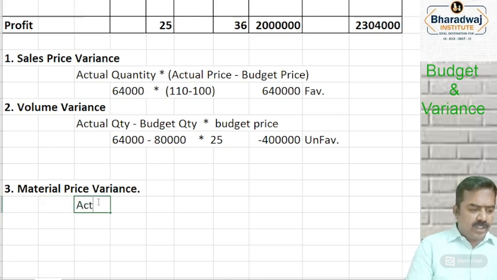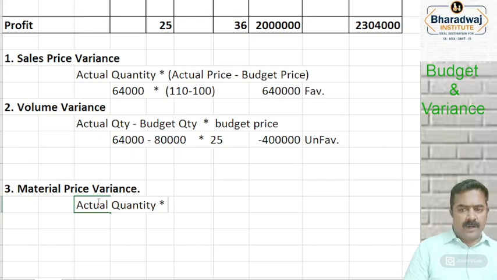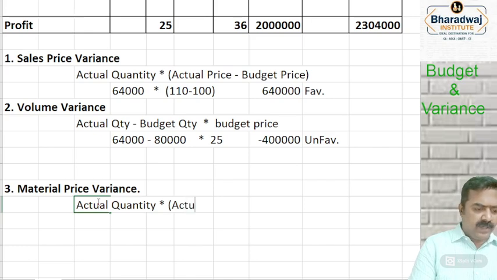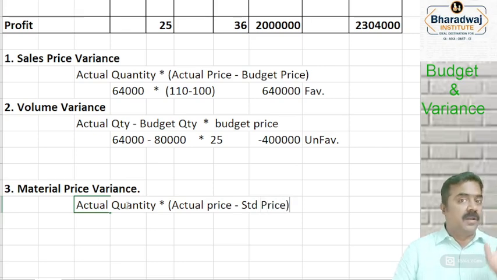We want actual quantity used multiplied with which one? Actual price minus standard price. Just write favorable or unfavorable.